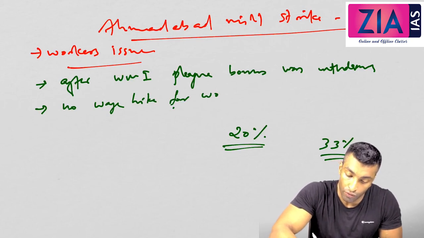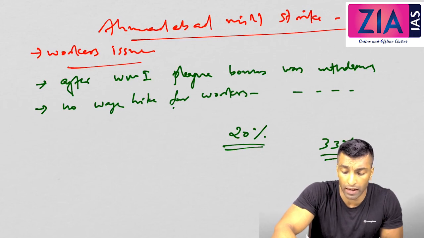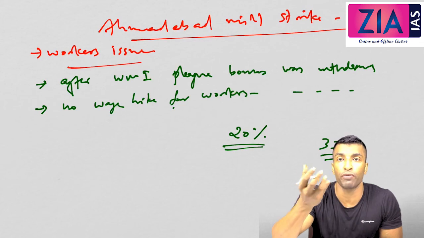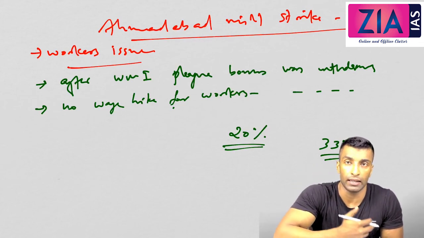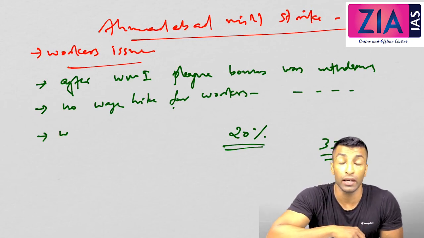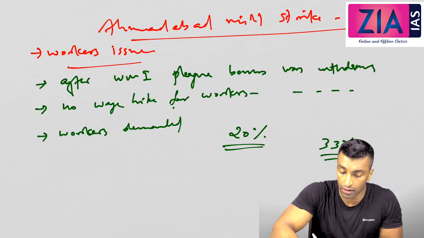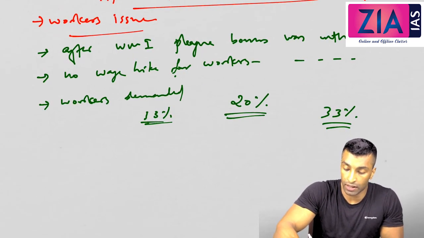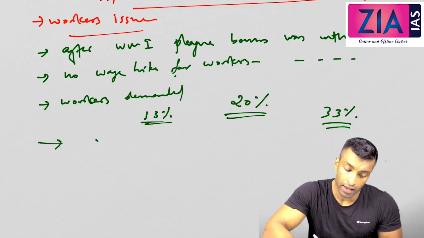No wage hike for workers. I'm not writing it completely; you can complete it. Indian capitalists made huge profits during World War I, because English companies were not producing at that time. The main suppliers were the Indian companies. Workers demanded a 33% wage hike, and the Indian capitalists were not ready for it.